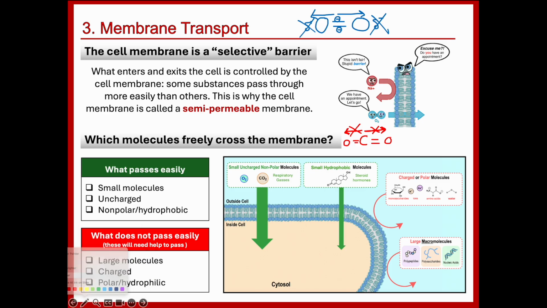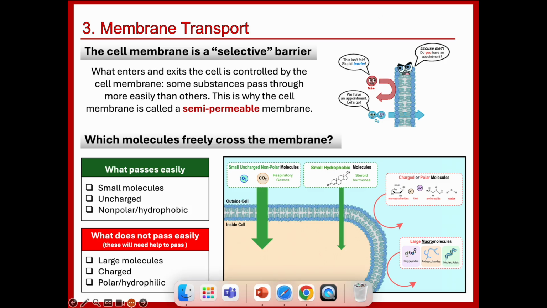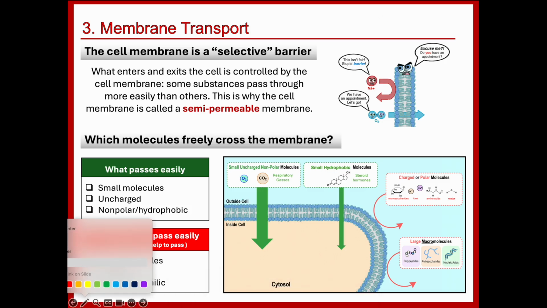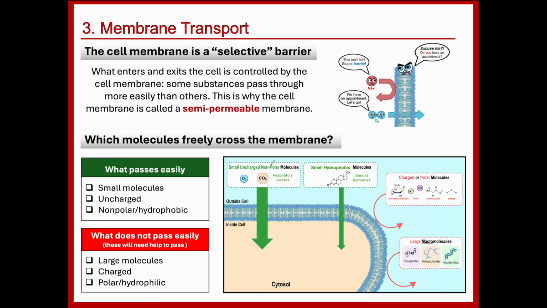So you don't need to know the chemistry in detail, but I want you to know that these two molecules, O2 and CO2, are non-polar, right? And because they're non-polar, they're not charged, they're small. These little tails here in the middle are kind of hydrophobic, and they will allow these other non-polar things to pass as well.